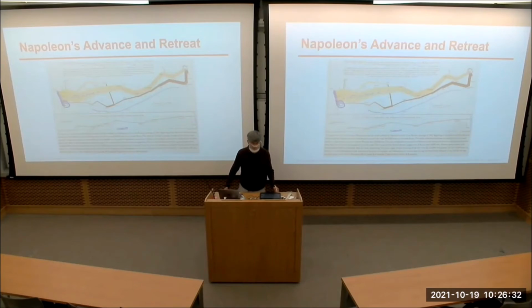It really was an unbelievable defeat. This shows you troop size as a function of location and as a function of time, in a way that conveys a lot of what's going on there. Any questions about this battle?